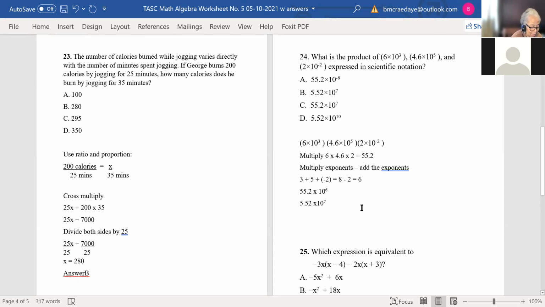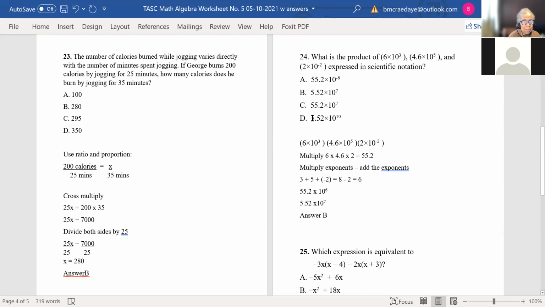So what's the answer, Maureen? The answer would be B. That's it, B. When you don't see the power there, think about what you have here: this multiplying by that base and the exponent.